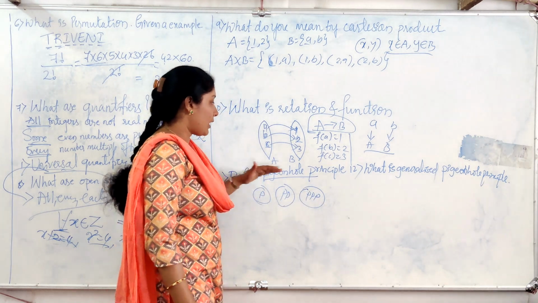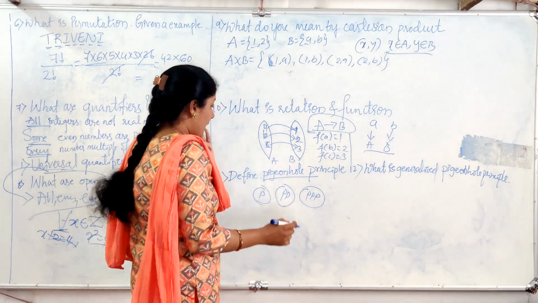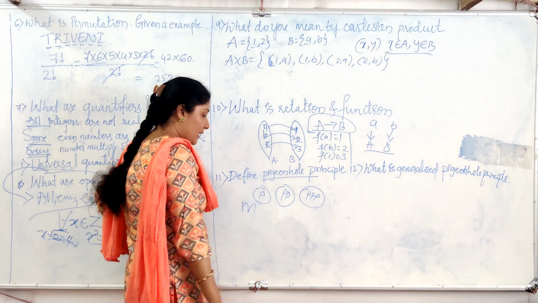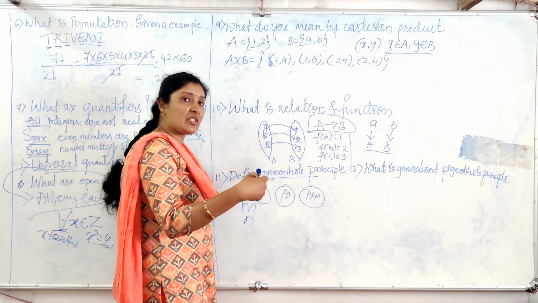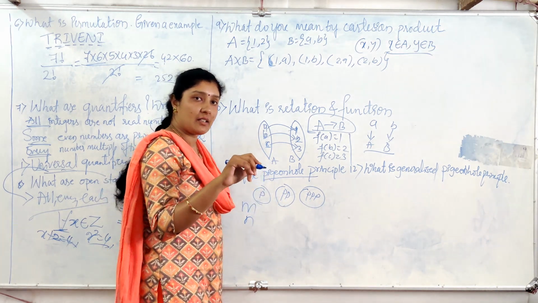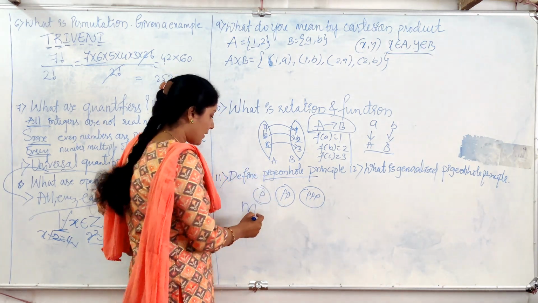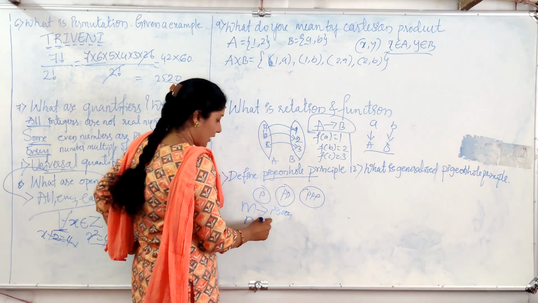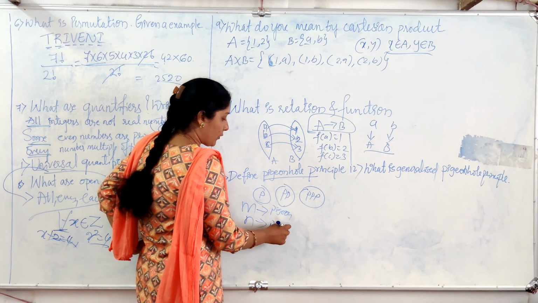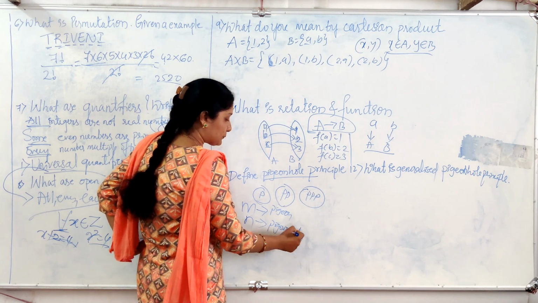Now what is this pigeonhole principle? If M is the number of pigeons and N is the number of pigeonholes, a pigeonhole being nothing but the nest of the pigeon here.